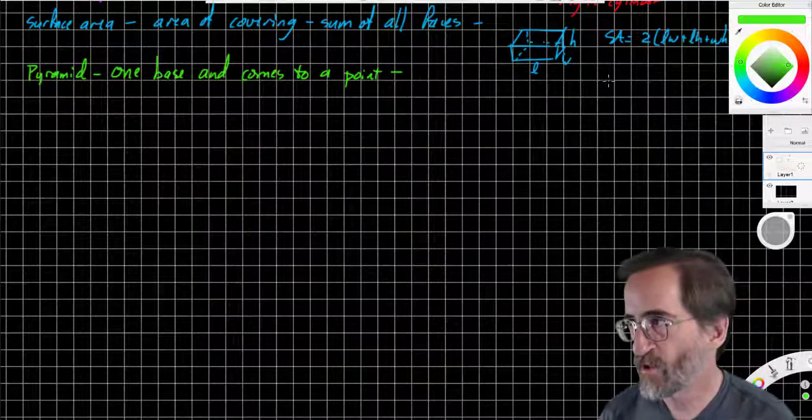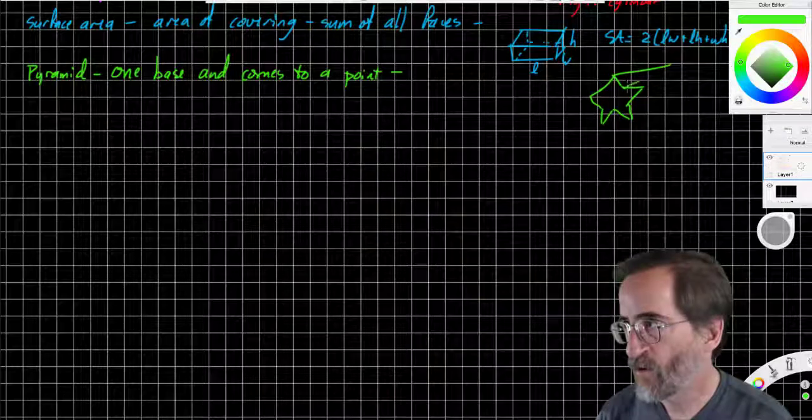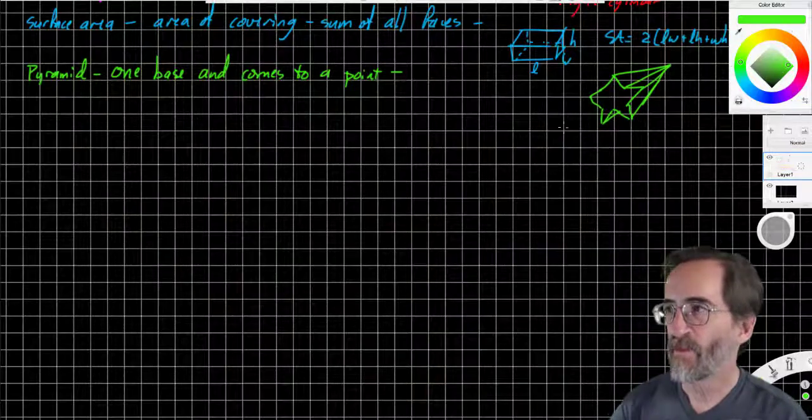To grab our star example, if it all came to a single point, that technically would be a pyramid. Okay?